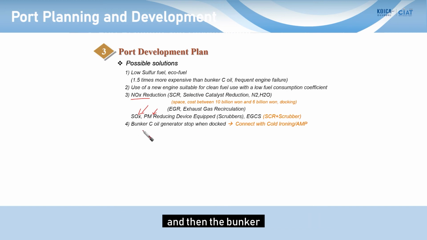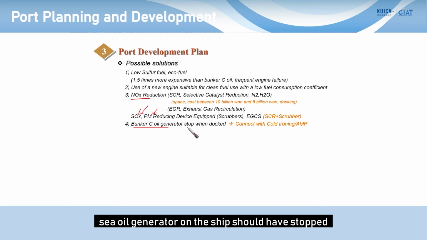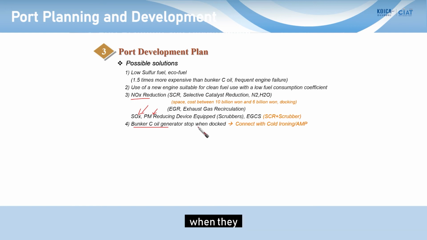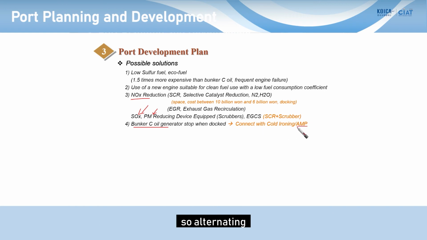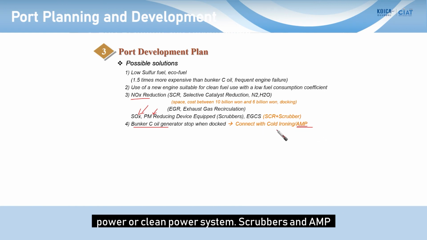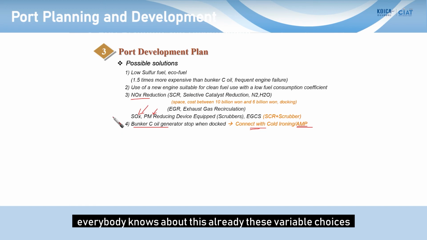And then the bunker oil generator on the ship should stop when they are mooring at port, and the necessary power comes from the land side. So alternative power or a clean power system from the shore side. Scrubbers, AMP, everybody knows about this already.